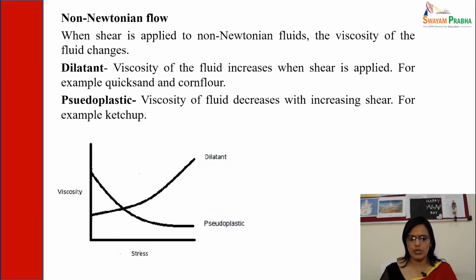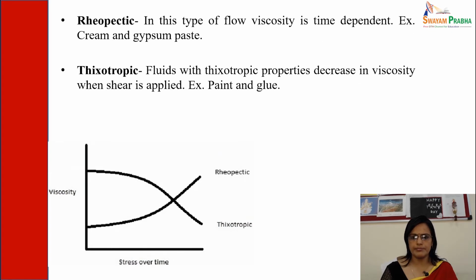As you can also see in the figure, see the viscosity and the stress, how dilatant flow and pseudoplastic flow are represented. Okay. So rheopectic flow is similar to dilatant flow, but the difference is that the increase in viscosity is time dependent.